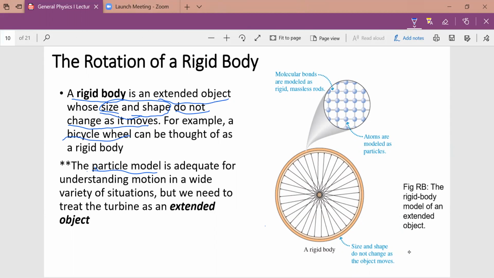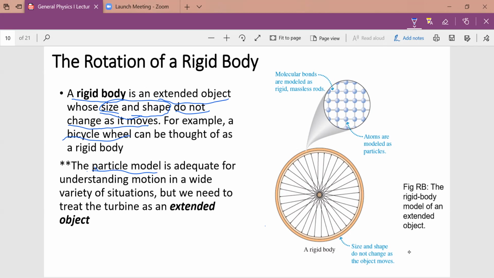So we tend to ignore our particle model when we describe rotational motion because it cannot adequately describe the whole system. The reason is that different parts of the body are taking different motions, so you cannot summarize the whole motion system into a dot like we do in the particle model.